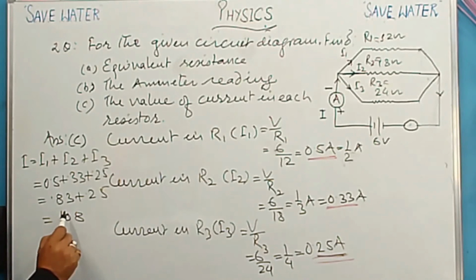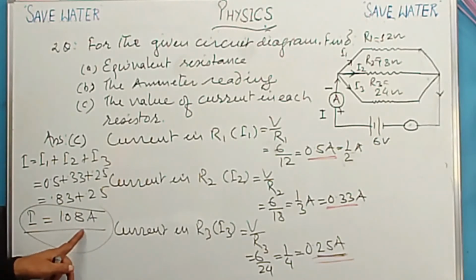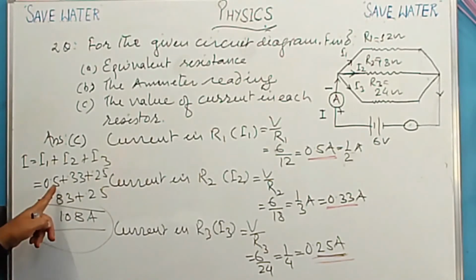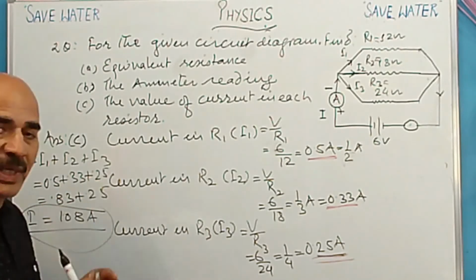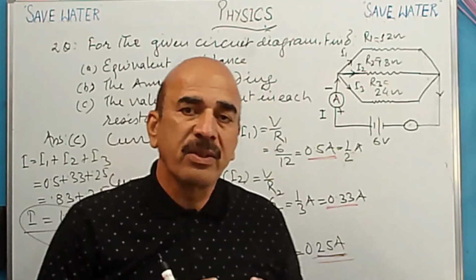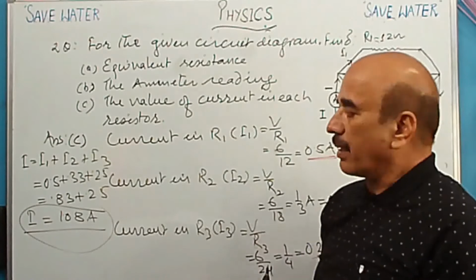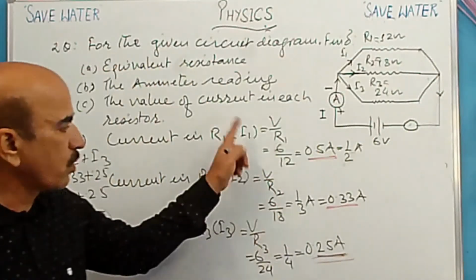So here 1.08 ampere. तो देखिए यही हमारा टोटल करंट था. तो टोटल करंट 1.08 is divided into 3 parts, 0.5, 0.33 and 0.25. So here you have checked the answer also. आपको कहीं देखने की जरूरत नहीं, आपने आंसर भी चेक कर लिया. So this way you can solve the numericals. So it's another very good important numerical. So solve it. Hurry up.